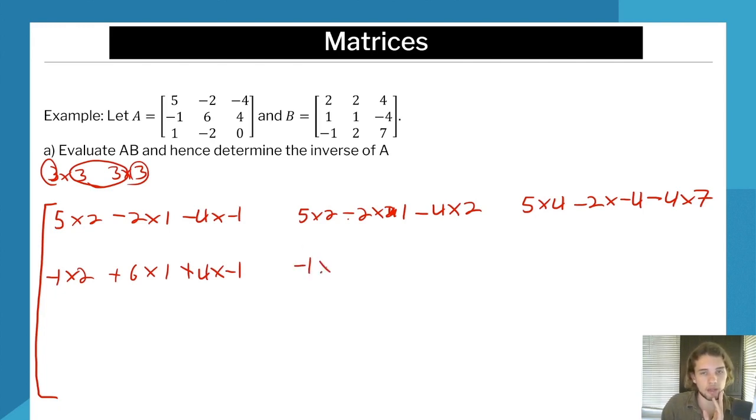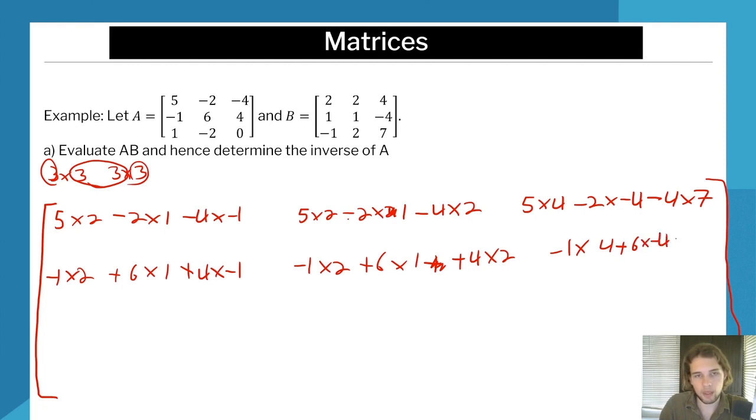So that's minus 1 times 2 plus 6 times 1 plus 4 times 2. Now, you can probably put the borders here. We have row 2, column 3. So that's minus 1 times 4 plus 6 times minus 4 and plus 4 times 7.